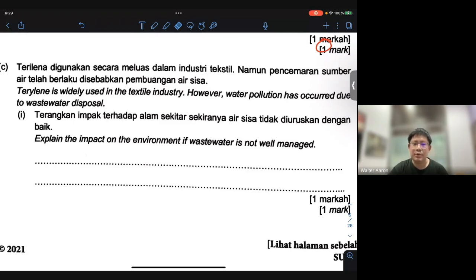Water supply becomes disrupted. A lot of things you can write inside there. However, I think the easiest one to write over here is actually the death of aquatic lives. So you put here aquatic lives will be destroyed.